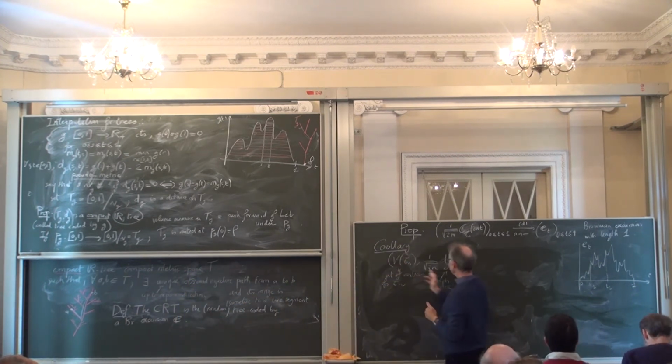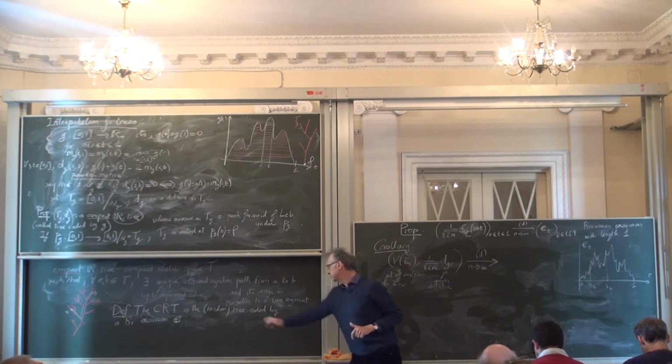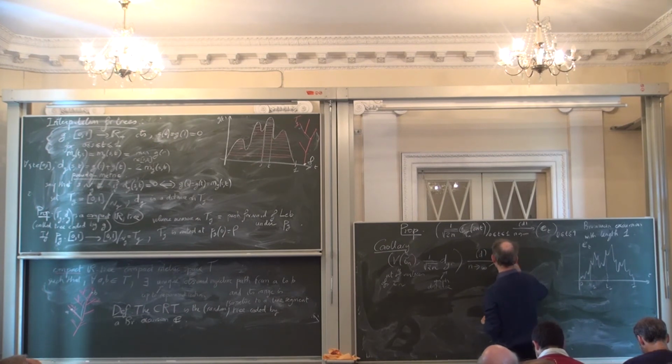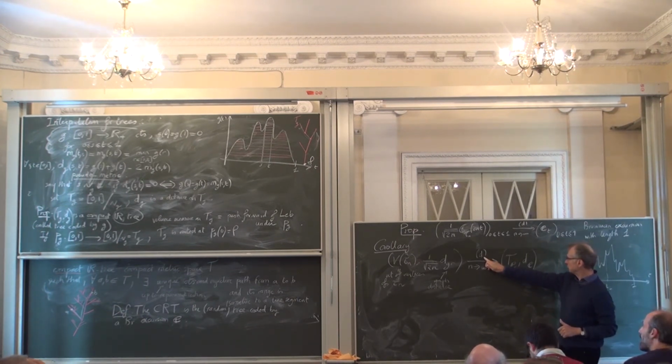And I view this now again as a compact metric space. I say that this converges in distribution as n tends to infinity, precisely towards the CRT which I have defined there. In which sense does this converge in distribution?